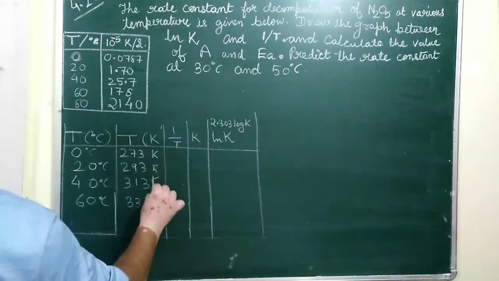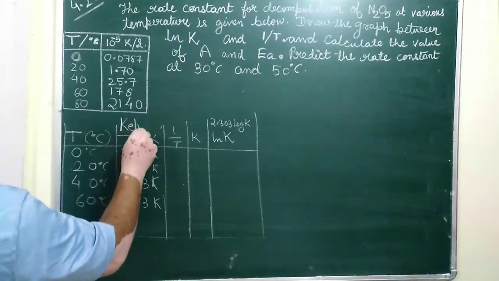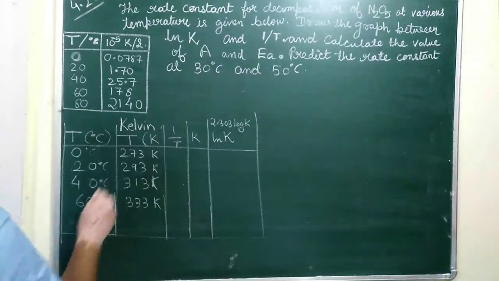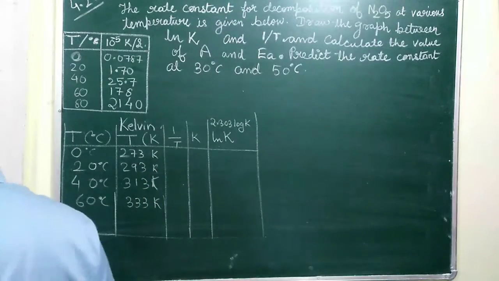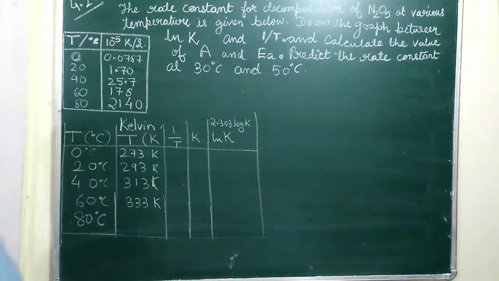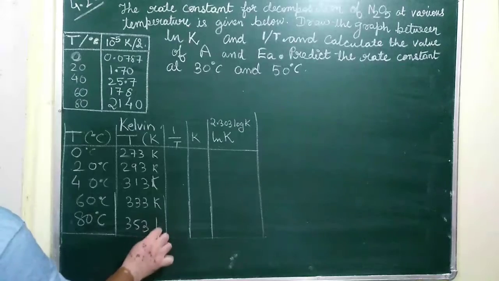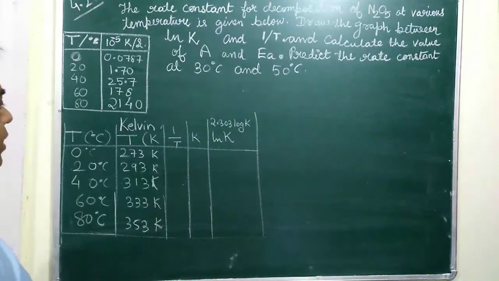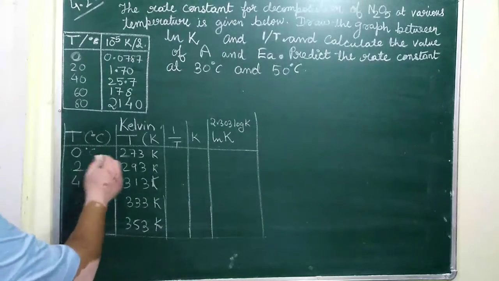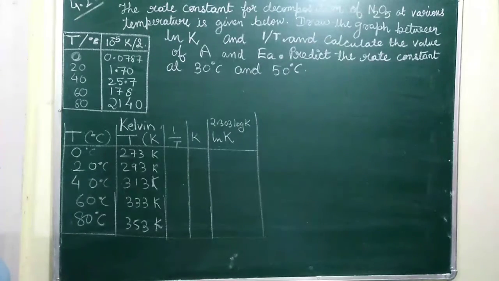This K is Kelvin, this is not rate constant, it is Kelvin. You need to measure absolute temperature. And 80 degree C, which is 353 Kelvin. For those who do not know how to convert degree C to Kelvin, we just add 273.15, but 0.15 we are neglecting here because it will become an even more complicated value.